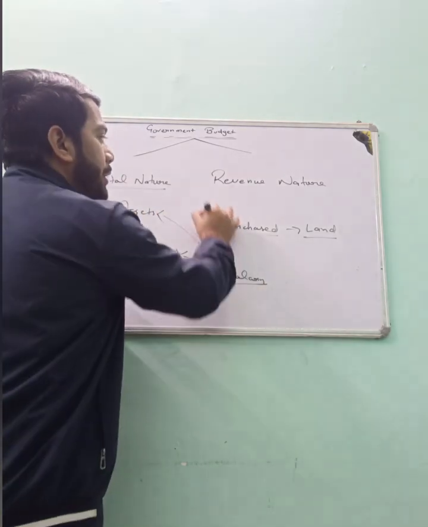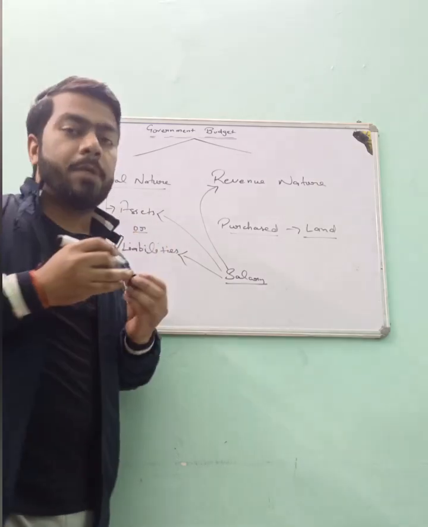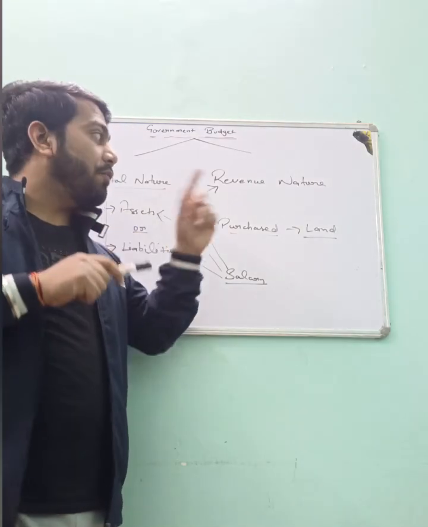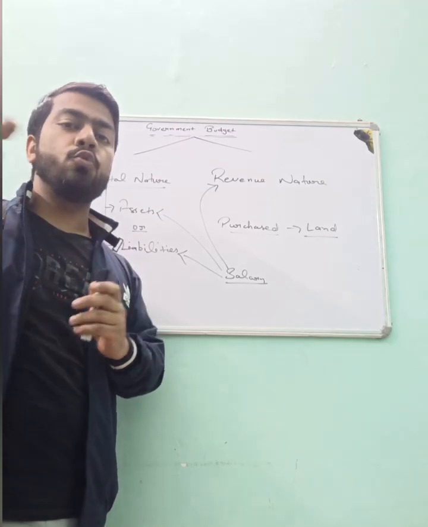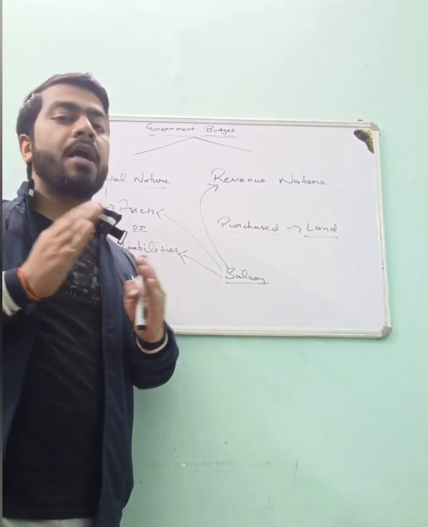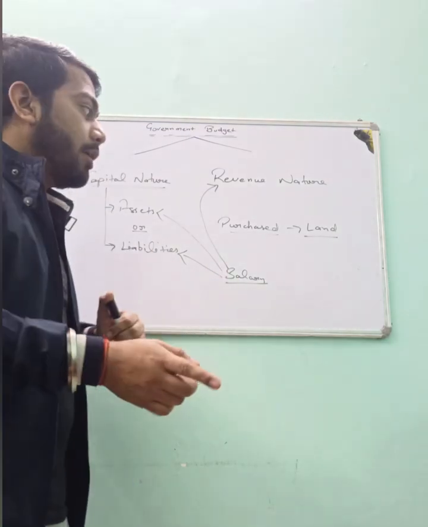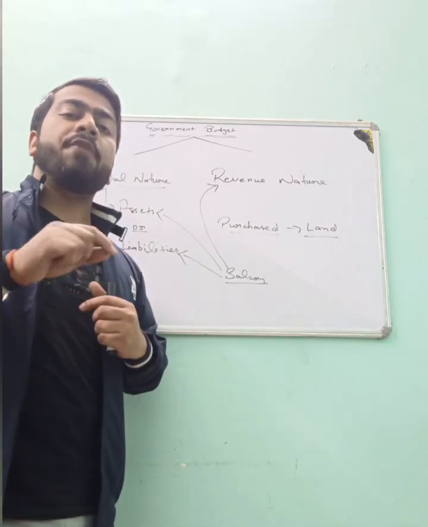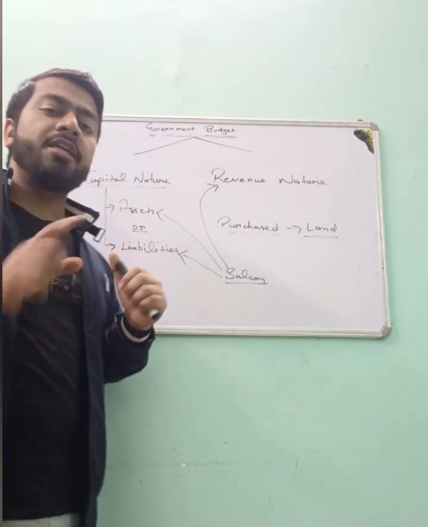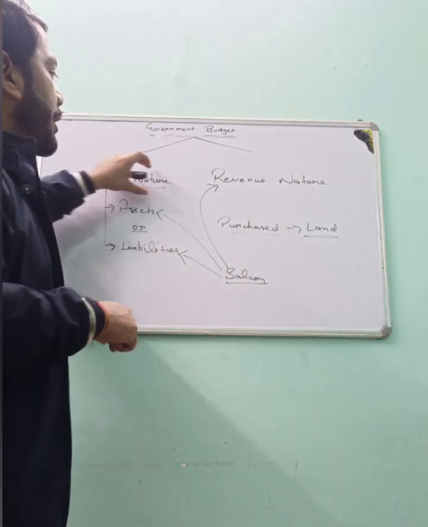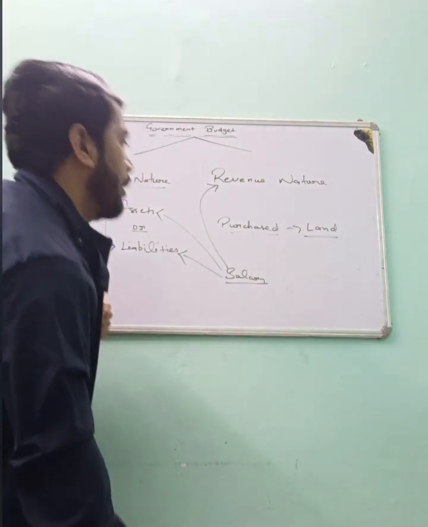So it is a revenue nature expenditure. So revenue nature includes all those transactions which do not affect balances of assets and liabilities. But if any transaction is affecting balance of either asset or liability, then it will form part of capital nature transaction.